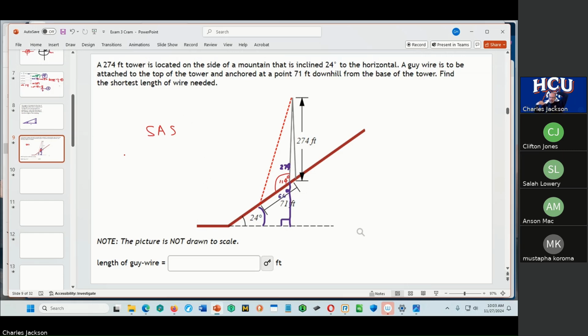The only way to get it is with the law of cosines. So we will need to use the law of cosines for this problem.